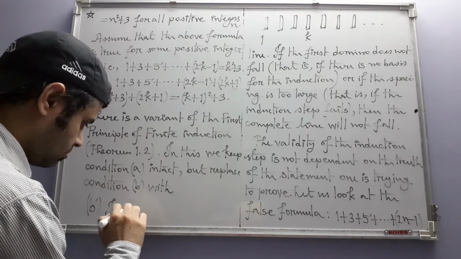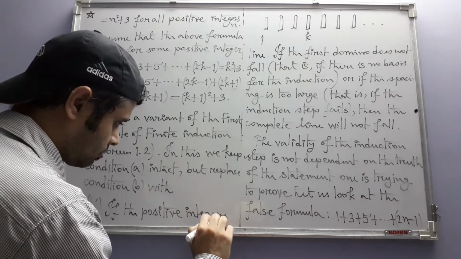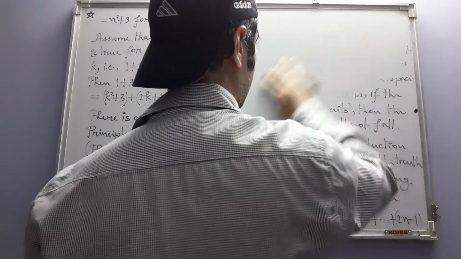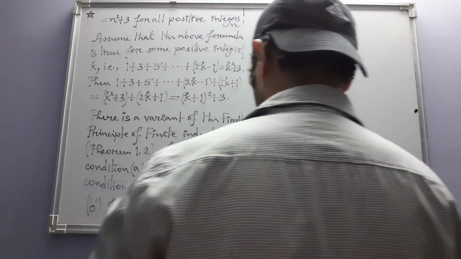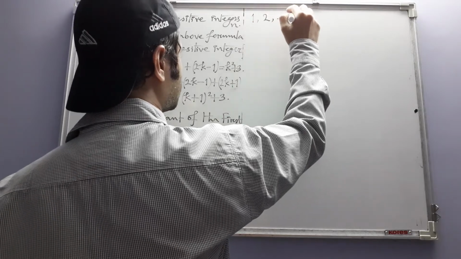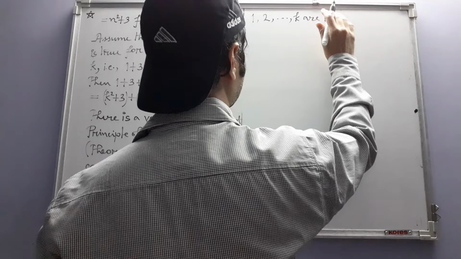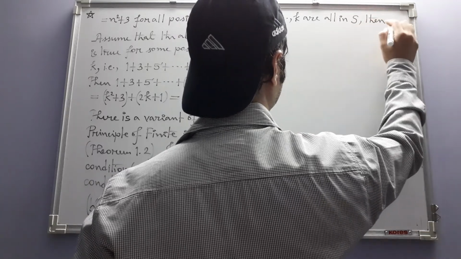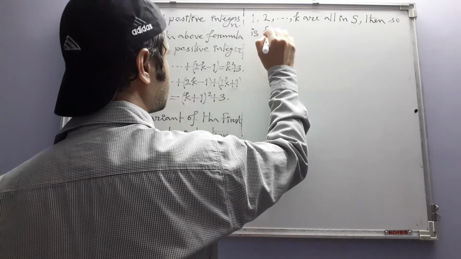If the positive integers one, two, etc. up to k are all in S, then so is k plus 1.